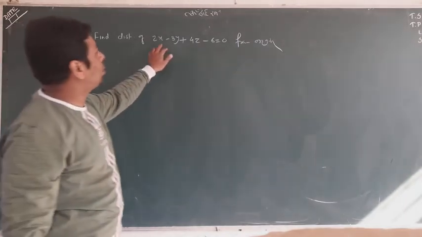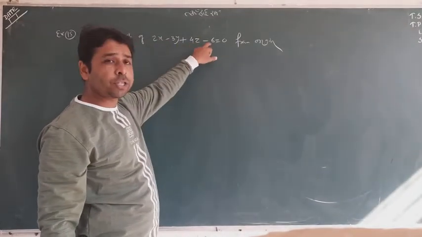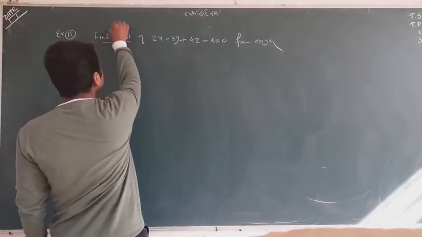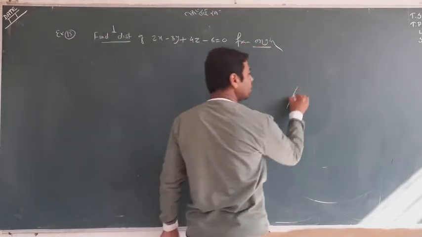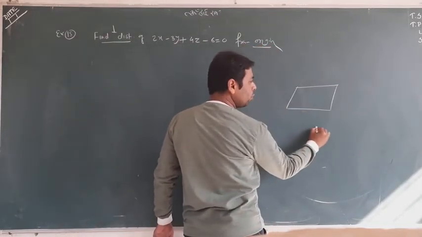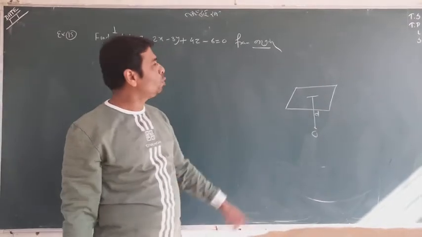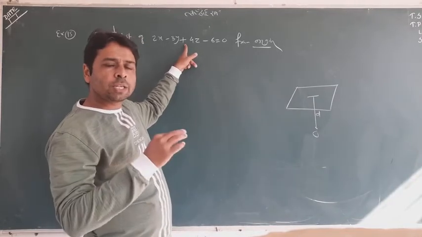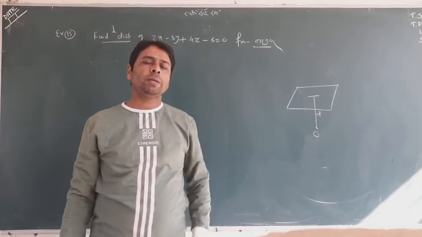This is a plane in general form, ax plus by plus cz equal to d. We want to find the perpendicular distance of the plane from the origin point. Remember that this is the plane, this is O, and you want to find this distance. When you want to find that distance, you have to convert this general form into a normal form.